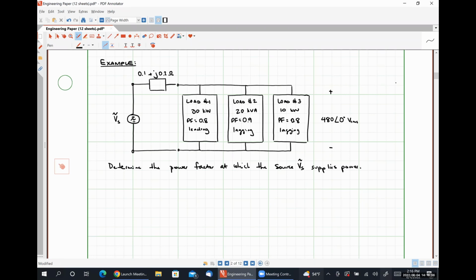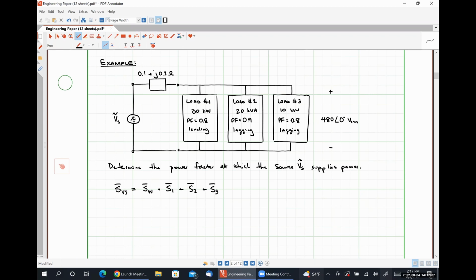And we're going to use that relationship to say that Ss, the complex power that is supplied by our voltage source, is going to be the sum of Sw, the complex power absorbed by our transmission lines, plus S1, the complex power absorbed by load 1, plus S2, the complex power absorbed by load 2, plus S3, the complex power absorbed by load 3.